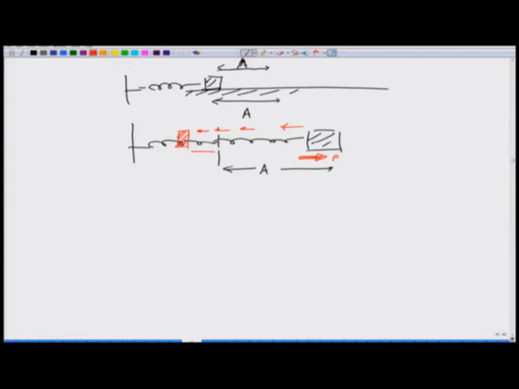The energy it started with when I stretched it is 1/2 k A square. If there was no energy lost, the compression also would have been A, but now it is going to be A1. Why? Because the energy has been lost, and the energy now here is going to be 1/2 k A1 square.